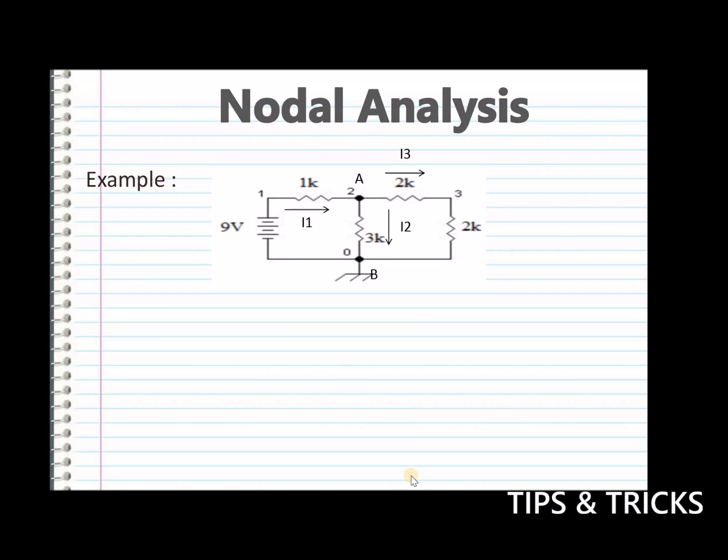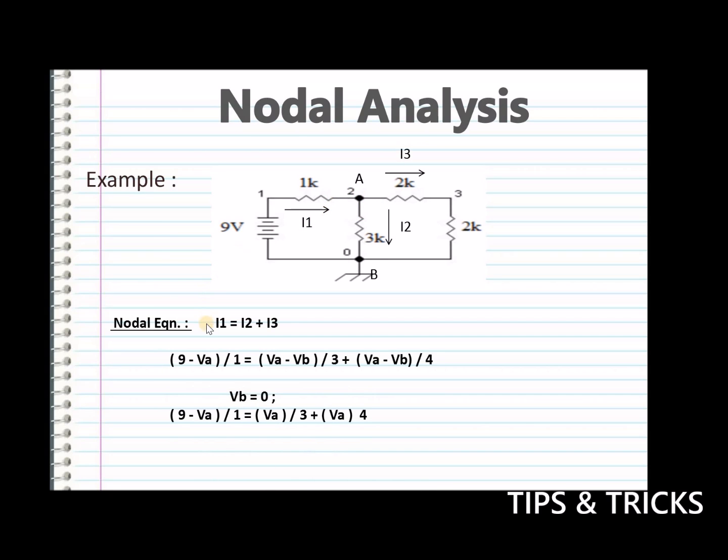As there is only one unknown node, there will be only one nodal equation. So look at the nodal equation. Here we are following the first method, not the second one. So, current flows from high potential to low potential. Current I1 will be (9 minus VA) divided by 1. Then I2 will be (VA minus VB) divided by 3.